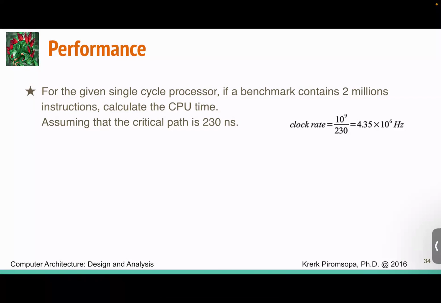Let's try this one. Our single cycle processor has a critical path of 230 nanoseconds. If I run software which contains 2 million instructions, what is the CPU time?